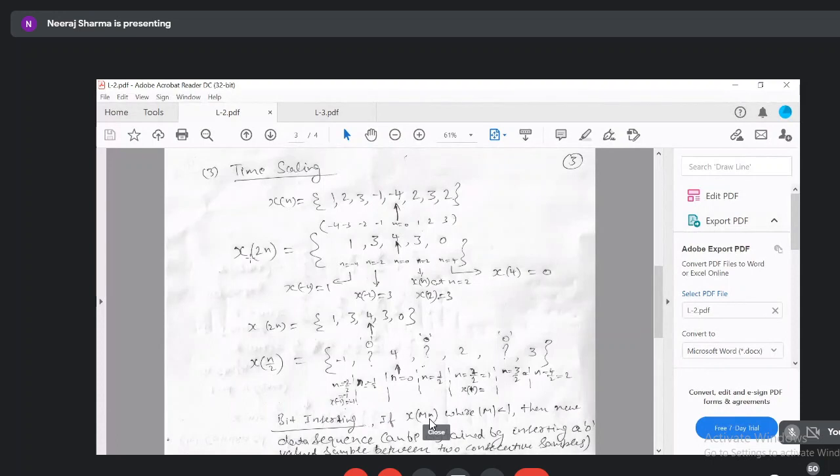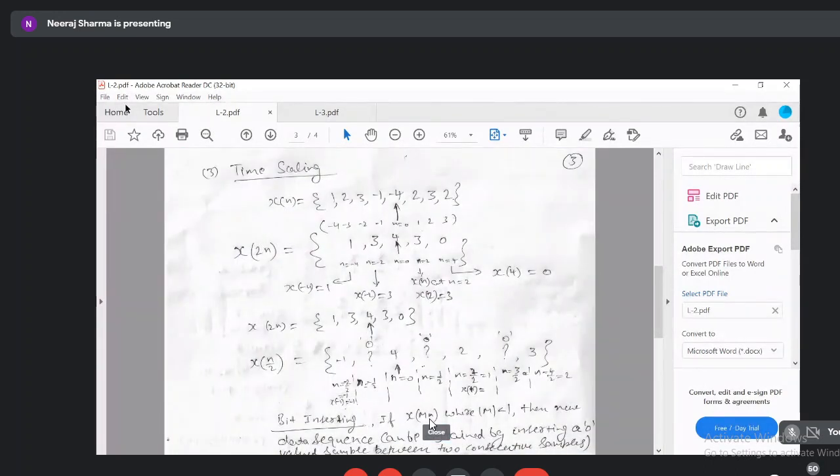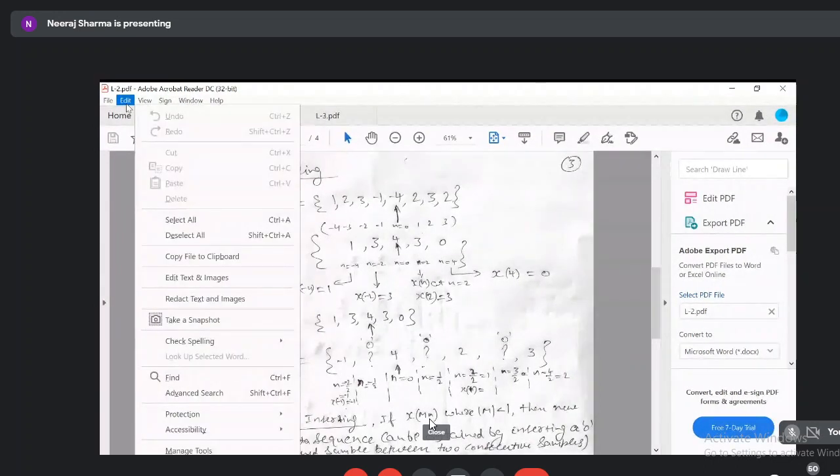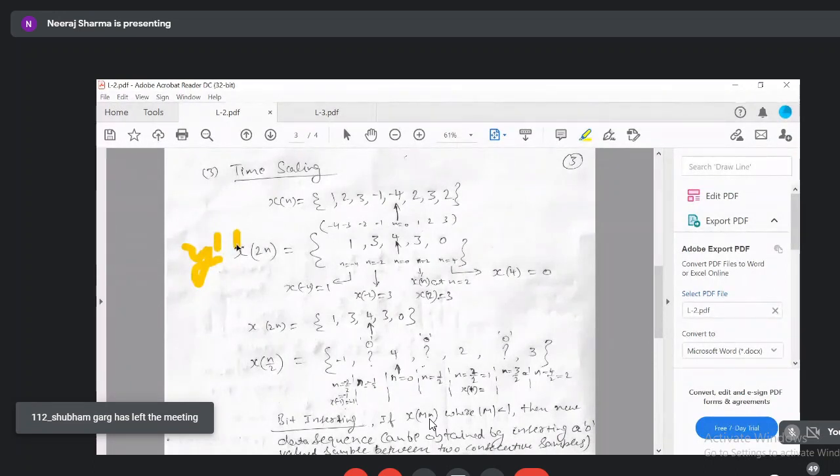Suppose we give this signal x of 2n a new name, y of n, right? So let us say that this is a new signal, that is y of n. We assume y of n is equal to x of 2n. So when you substitute n equal to 1 here, this will be y1.